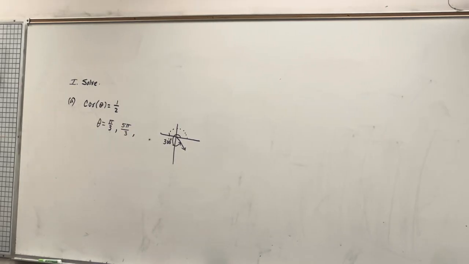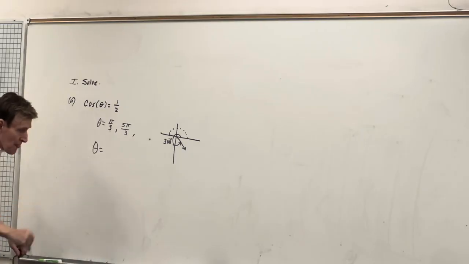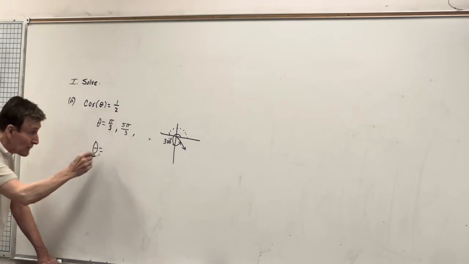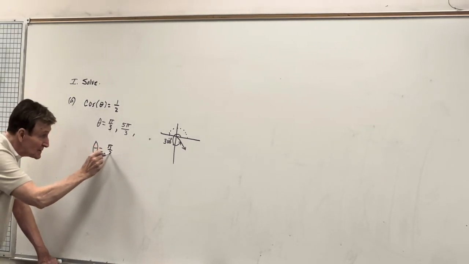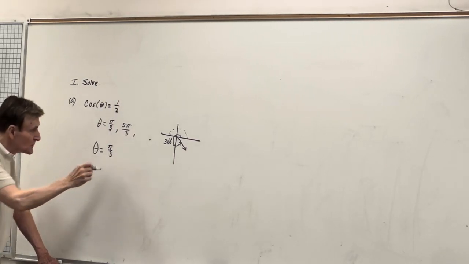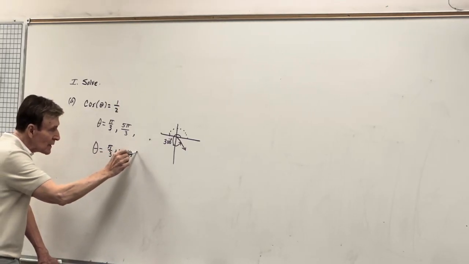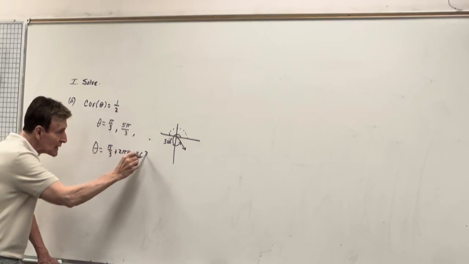Who has an idea? Theta is equal to? I see pi over 3 is my initial. And how can I get back to it? Another cycle, that would be 2 pi. Plus 2 pi, how many times? K. You can do it as many times as you wish. And again, remember K is an element of the integers.